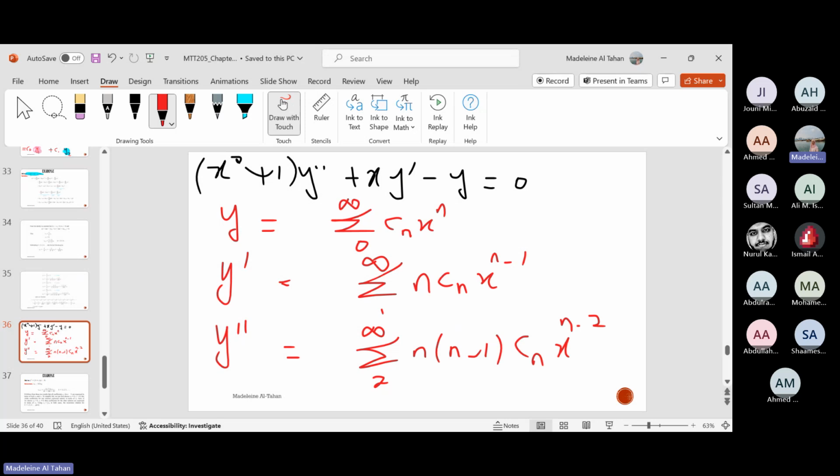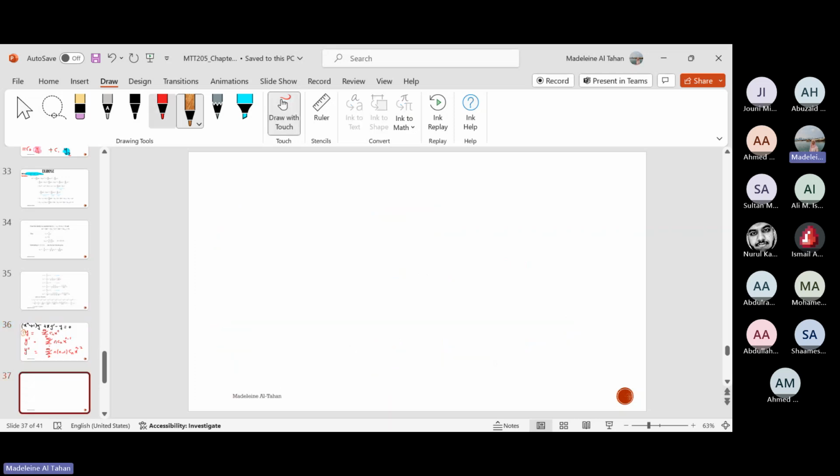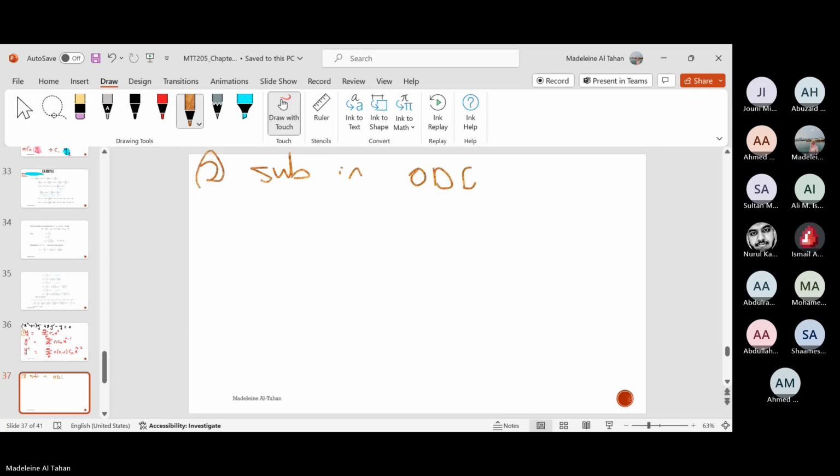The first step, is it clear for all of us? So let's divide it as steps. This is step number 1. Are we okay with it, miss? Yes. Step number 2, we need to substitute in the ODE.